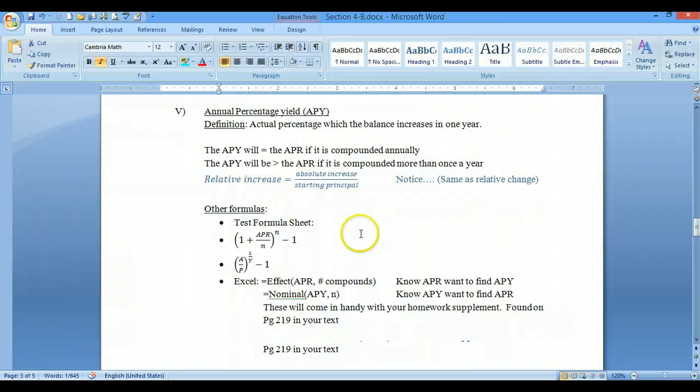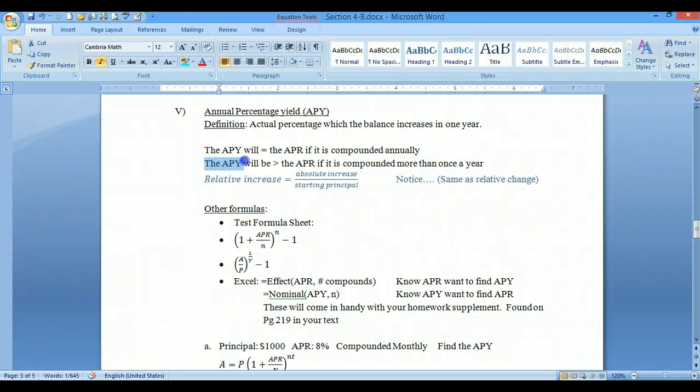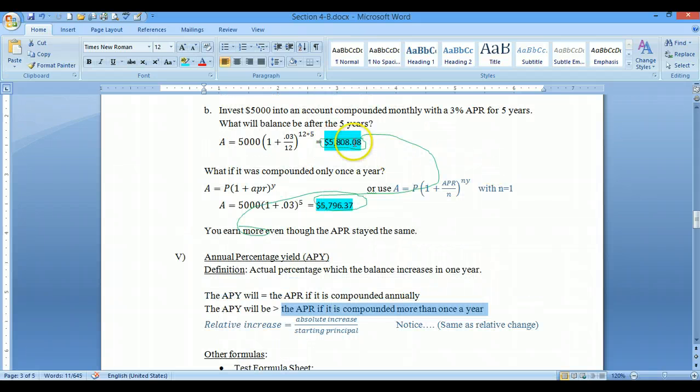Okay, but the APY will be larger if the APR is compounded more than once a year, which we kind of anticipate looking at this, knowing that I get more money when it's compounded monthly. Because if it were the exact same, you wouldn't have as much. So it's larger.